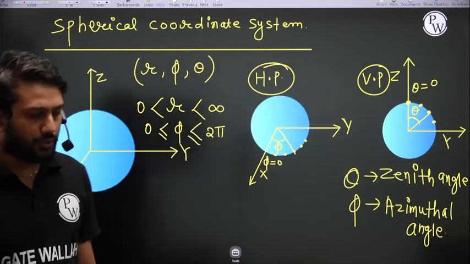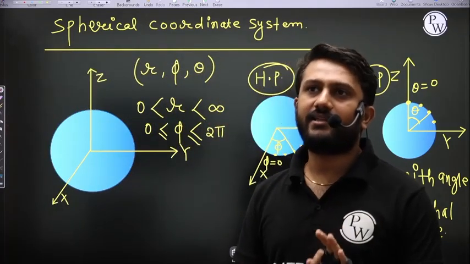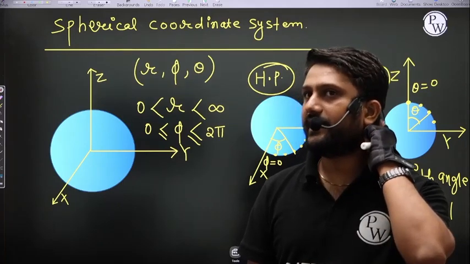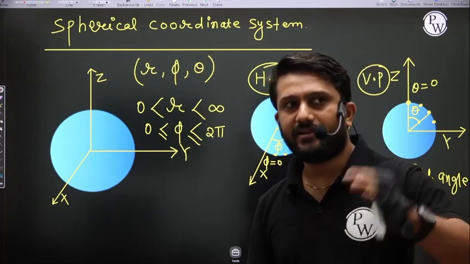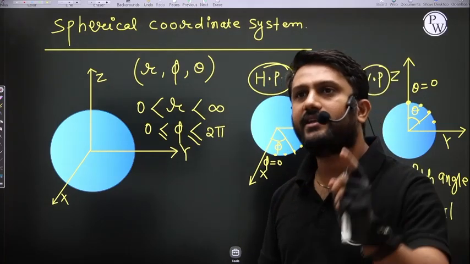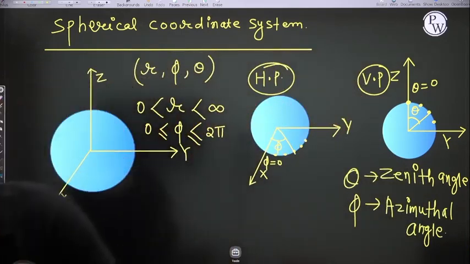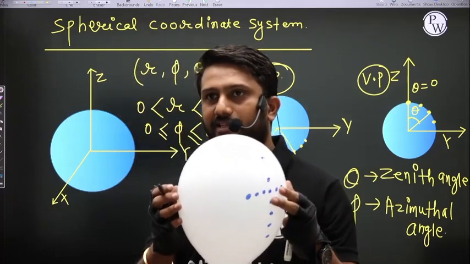Right. So if it is clear, then you can easily understand the temperature variation in the spherical coordinate system, because in a spherical coordinate system, the temperature may vary in the radial direction, in the phi direction, and in the theta direction. Again I am assuming this is the sphere.